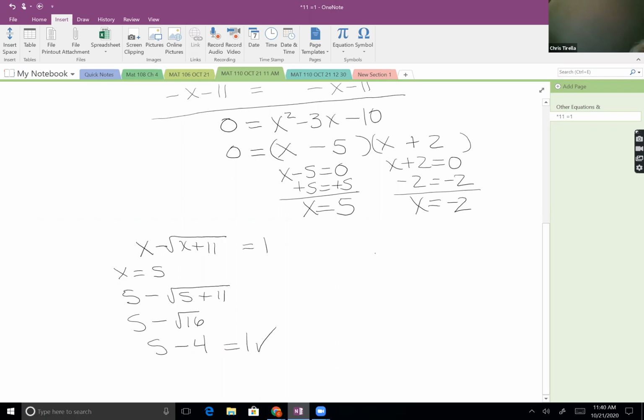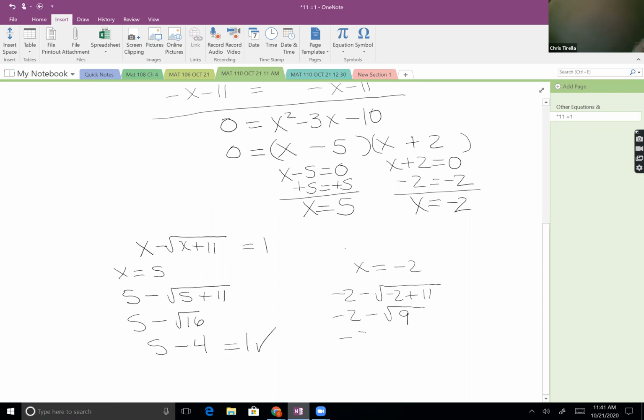But let's check that other one. If x is negative 2, that gives me negative 2 minus the square root of negative 2 plus 11. Gives me negative 2 minus the square root of 9.